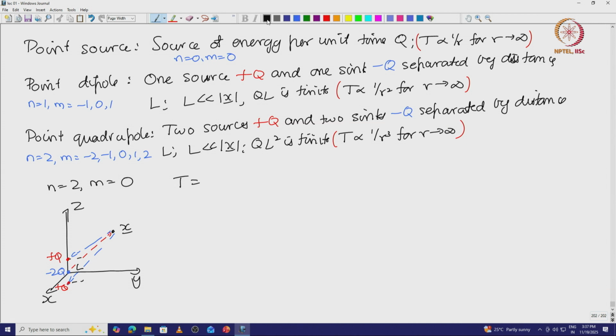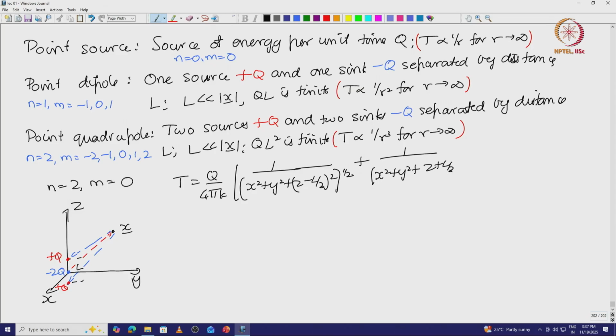So, the temperature field can be written as Q by 4 pi k into 1 by x square plus y square plus z minus L by 2 the whole square, whole power half, plus 1 by x square plus y square plus z plus L by 2 the whole square, whole power half, minus 2 by x square plus y square plus z square, whole power half.